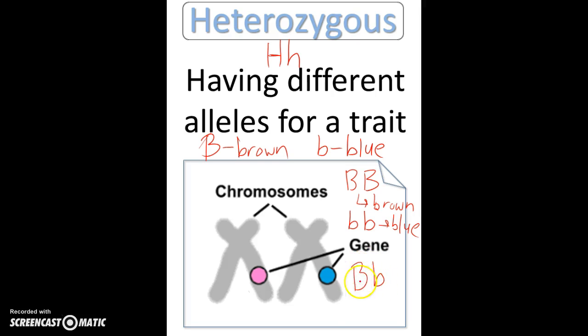If you have 1 brown allele, which is dominant, and 1 blue allele, which is recessive, remember we said dominant always wins. So that means the big B is actually going to almost cancel out the little b. So that means this person is still going to have brown eyes. Even though they do have a blue allele, it's hidden because the brown is dominant. Okay, so that's kind of what's meant by dominant and recessive.